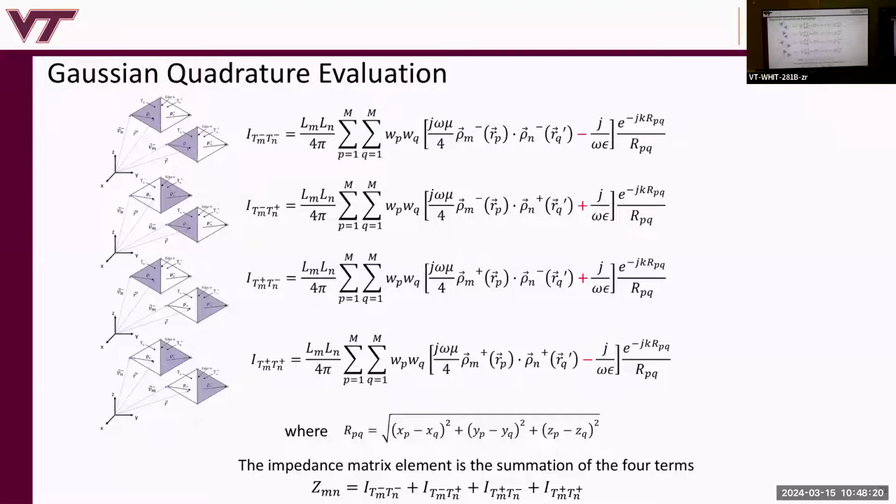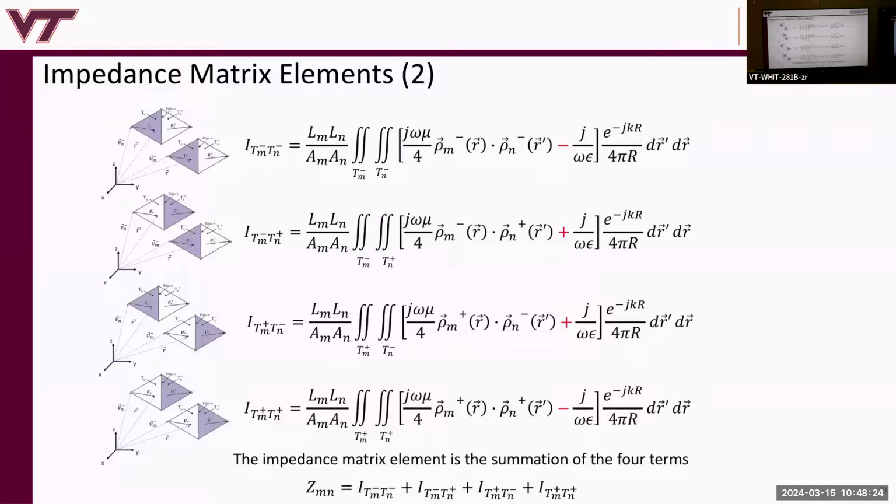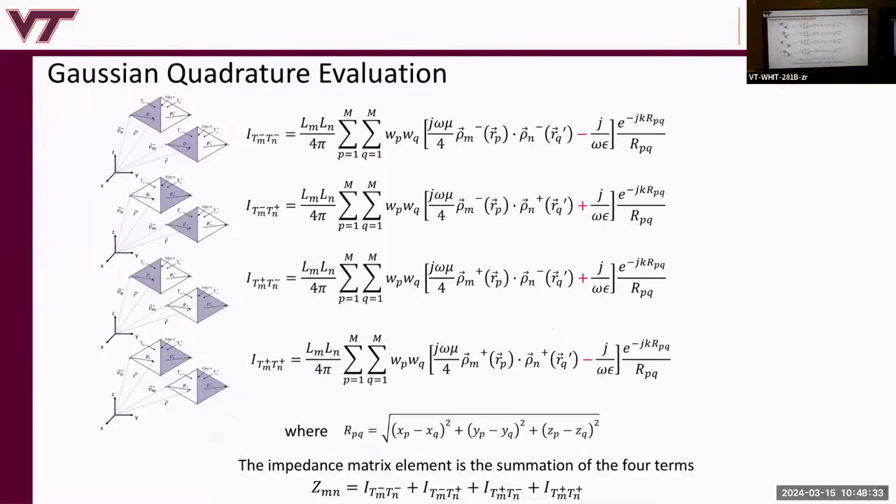Well, let's use our Gaussian quadrature rules. Before, we had these as continuous integration symbols. We're going to now use Gaussian quadrature to convert them into summations. So all we do is use our Gaussian quadrature rule, an N-point rule, which could be 1, 3, 7, or 5, or whatever rule you want to use.